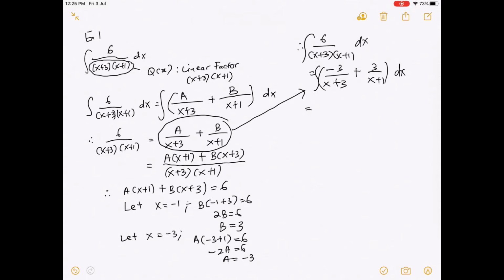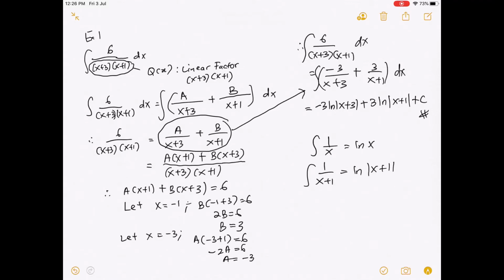To integrate negative 3 over x plus 3 gives negative 3 ln|x plus 3|, and the integration of 3 over x plus 1 will be 3 ln|x plus 1| plus c. Remember, whenever you integrate 1 over x, it will be ln x. So 1 over x plus 1 will be ln|x plus 1|, or 1 over x plus a will be ln|x plus a| generally.